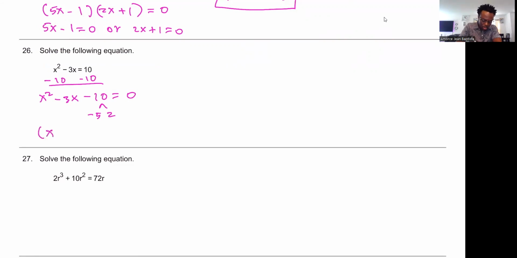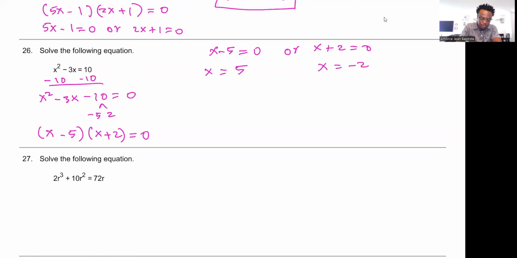So just break it down: x minus 5, x plus 2 equals 0, and then solve each. Add 5 on both sides, x equals 5. Subtract 2 on both sides, x equals negative 2. Your solution set is 5, negative 2.